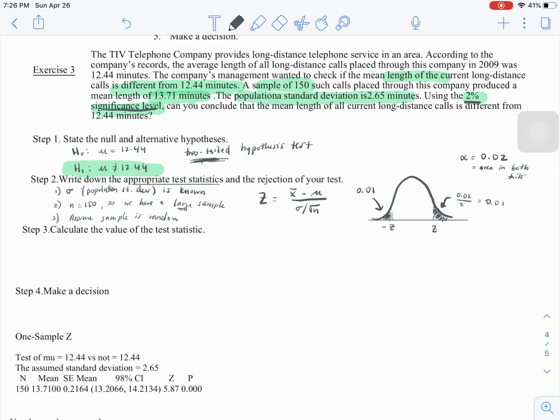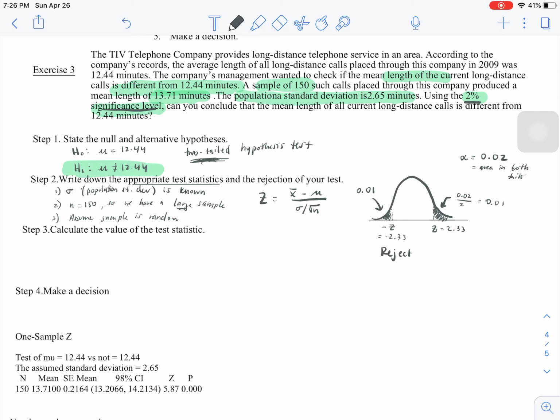So I want to find the z-score with an area to the left of 0.01 or an area to the right of 0.01. I can look that up in my z-table and I can find that this z-score is 2.33. And this one is negative 2.33.